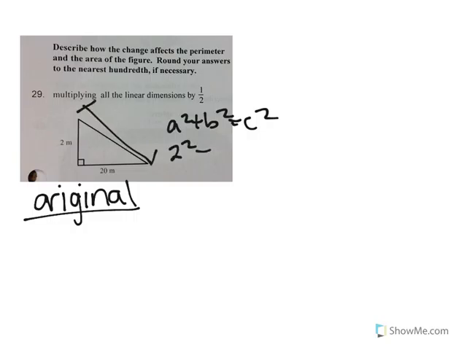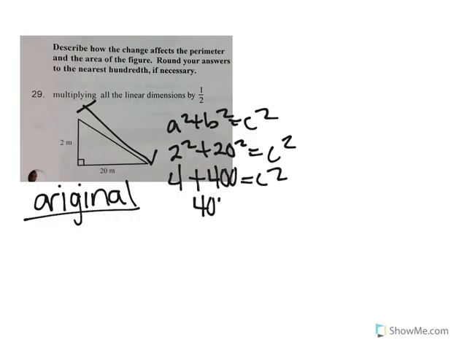So 2 squared plus 20 squared, which is 4 plus 400 is equal to c squared, 404. And to get c by itself, you're going to square root, so our c value is about 20.1.